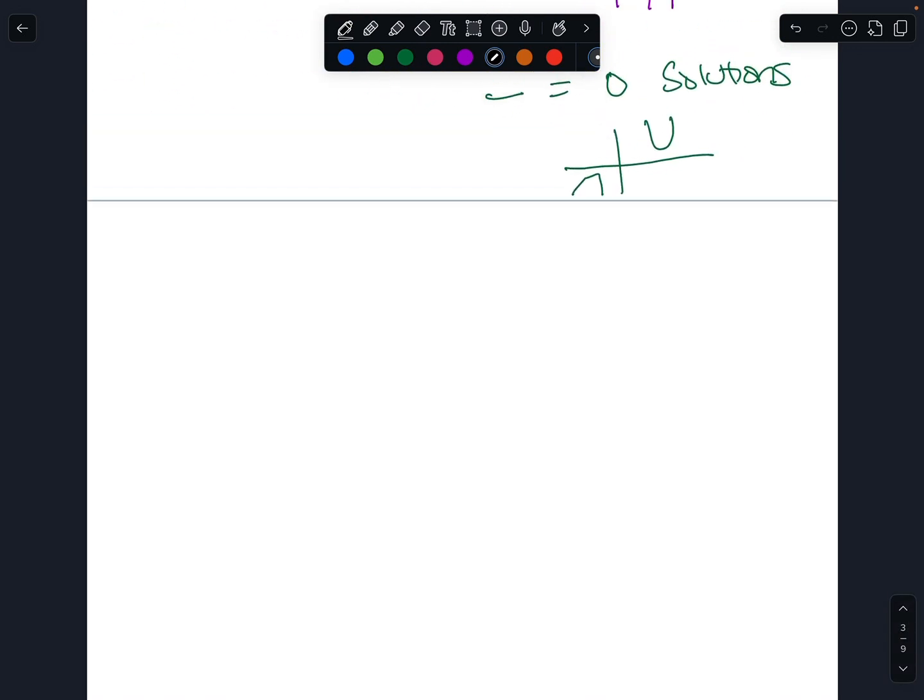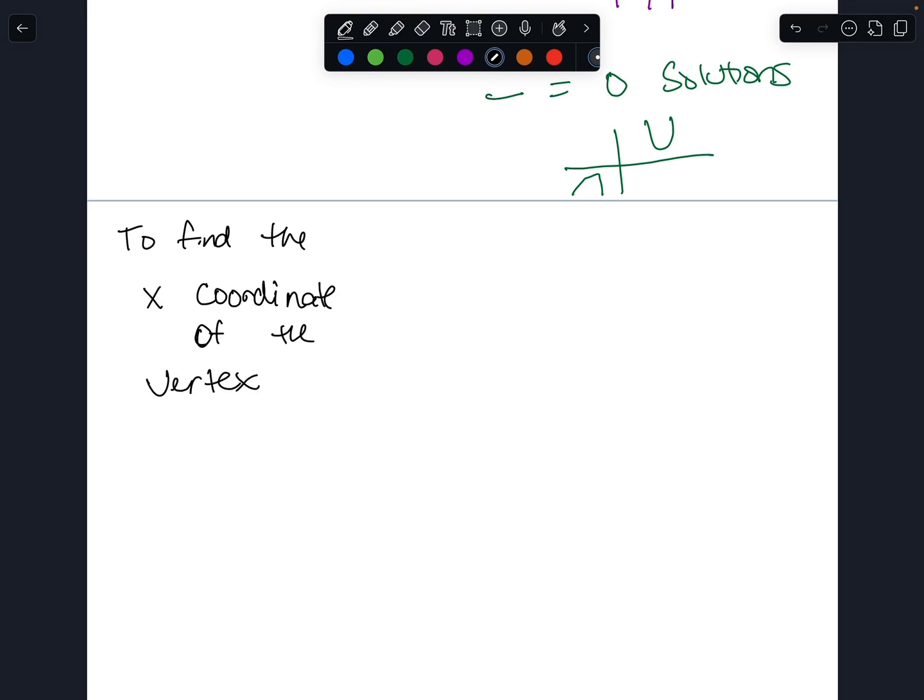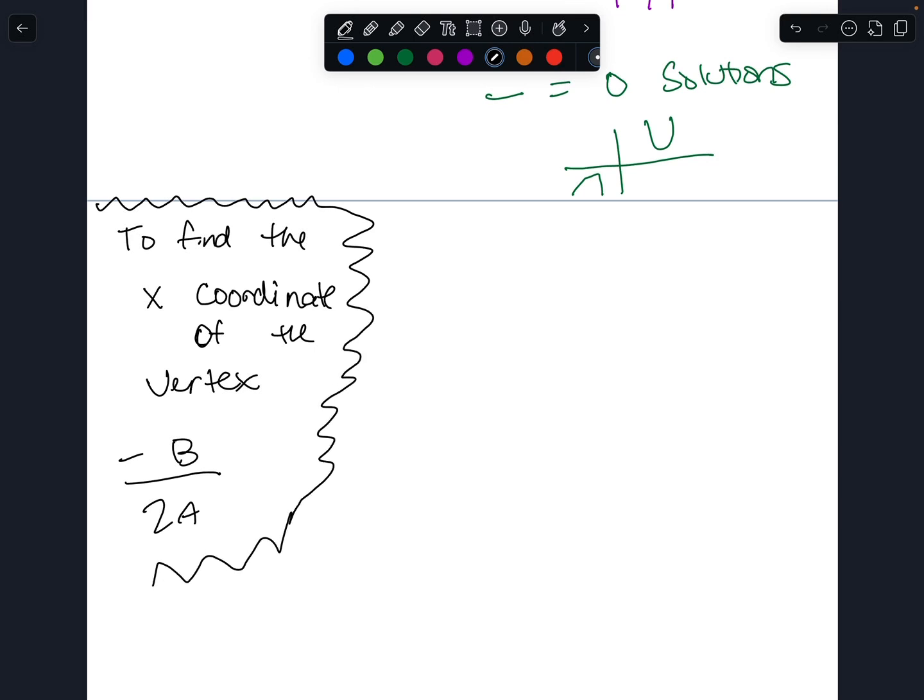So, to find the x coordinate of the vertex, you're going to use negative b divided by 2a. So that's where this piece of the formula comes in handy.